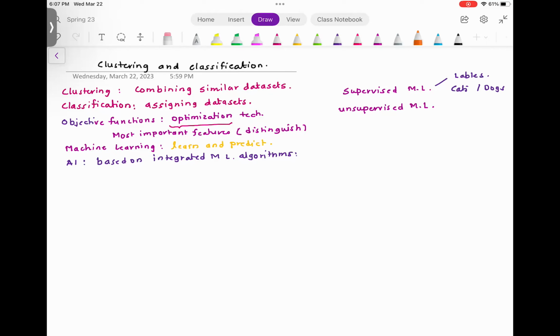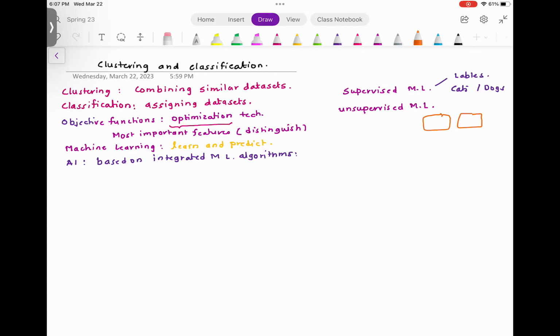In unsupervised machine learning, what you want is for the machine learning algorithm to work on the images and sort of cluster similar images together. So in supervised machine learning, the algorithm is presented with a data set that is labeled either 0 or 1, cat or dog, and so forth.